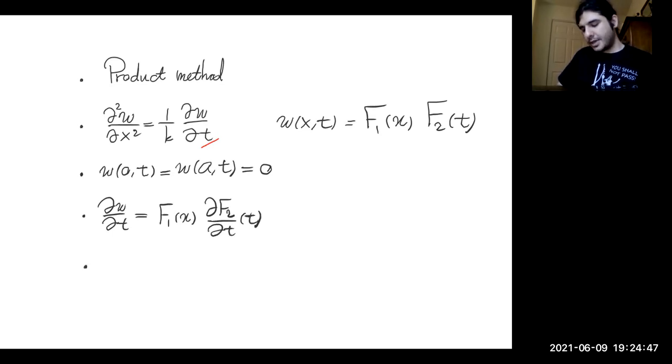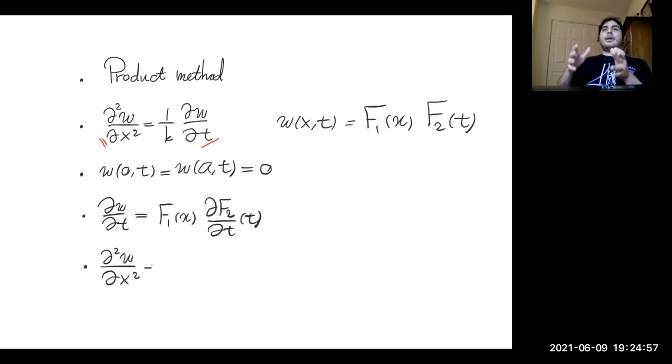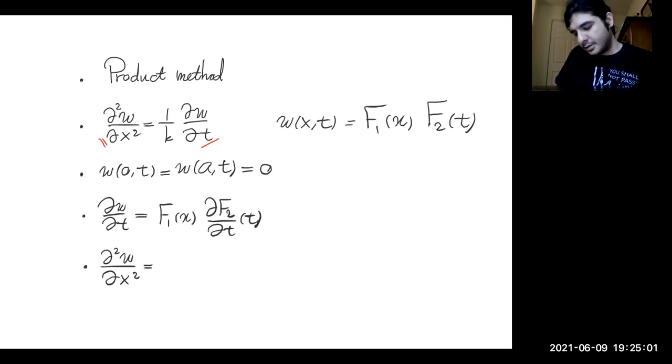The other term we have here is the second derivative of w with respect to x. Again, here, f2 is like a constant. So we would have f2 of t times the second derivative of f1 with respect to x.